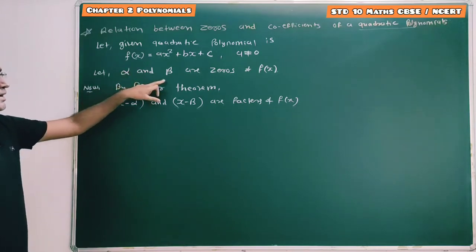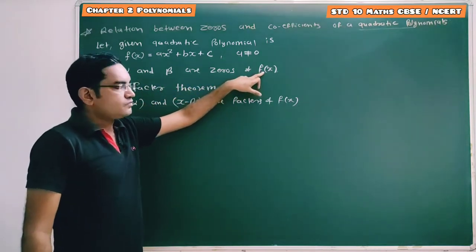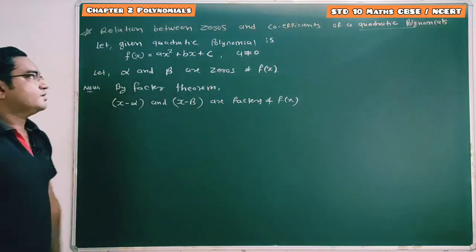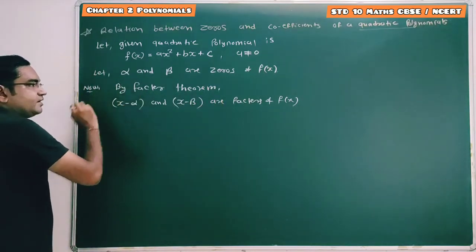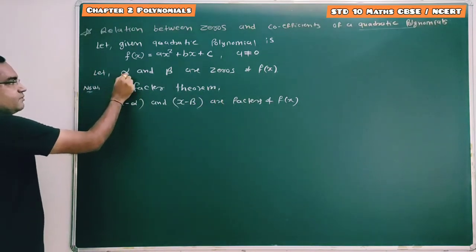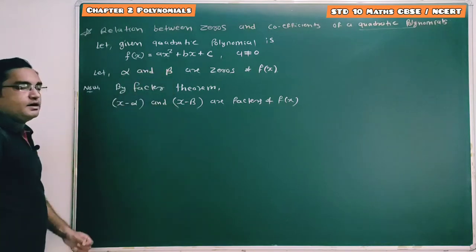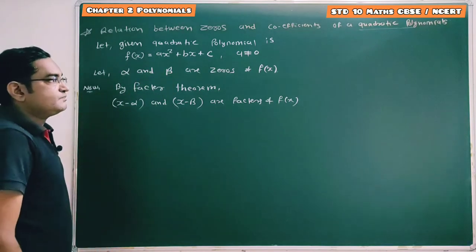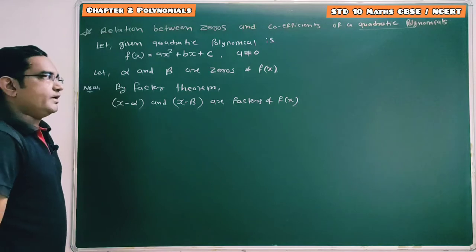If alpha and beta are the zeros of polynomial f of x, then by the factor theorem x minus alpha and x minus beta are the factors of the given quadratic polynomial f of x.